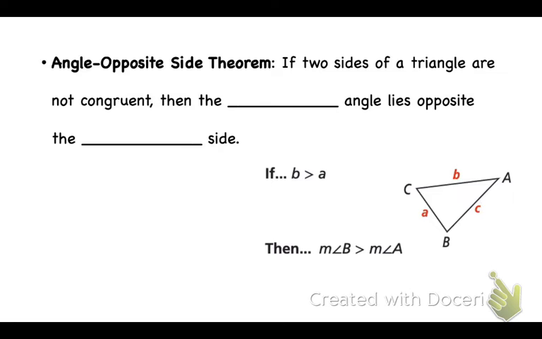If two sides of a triangle are not congruent, then the larger angle lies opposite the longest side.